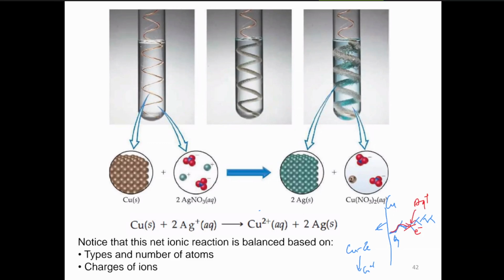So the silver plus will be reduced to make silver. So that's why the process developed like this one. Do you understand what I mean? So if you keep this reaction for a long time, all the copper wire will be dissolved, and you have silver in this kind of dendrite.